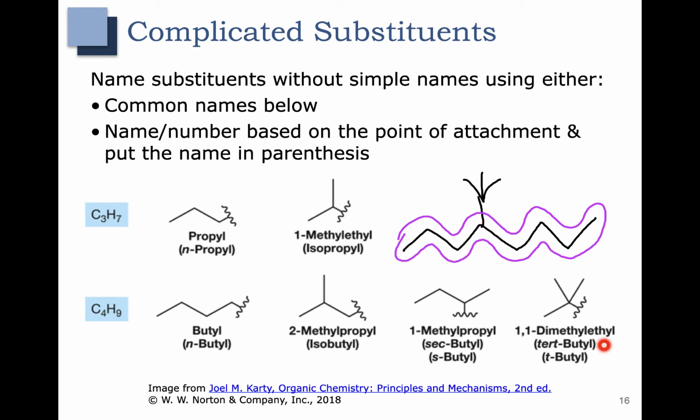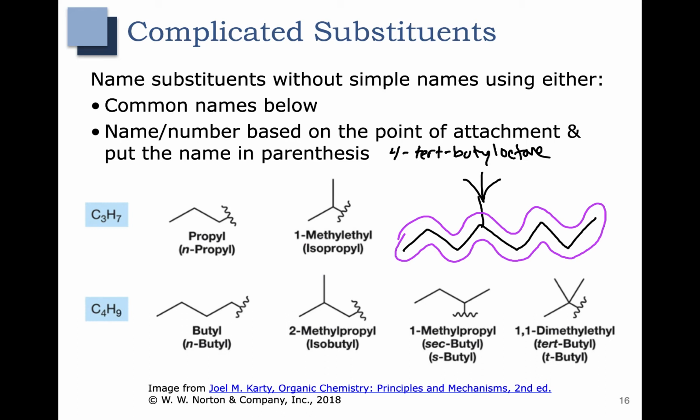We can use the common name t-butyl, and if we do that, it becomes 4-t-butyloctane. Octane for the 8 carbons in the parent chain, and the 4 comes from the number that it's attached to, 1, 2, 3, 4. So that's how you would name this using the common name t-butyl.